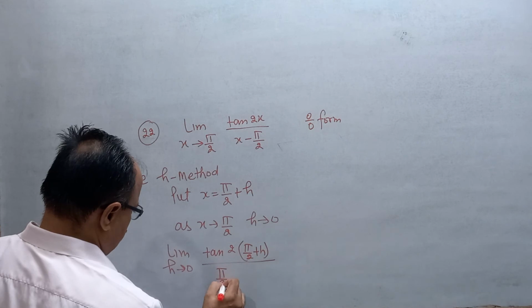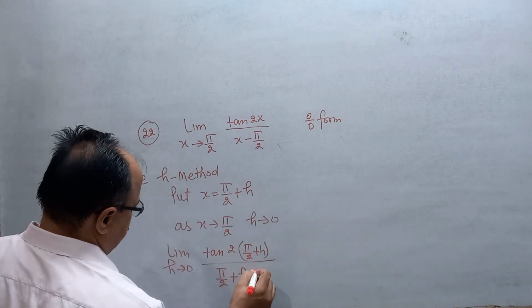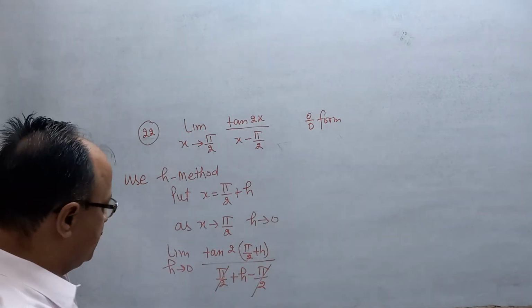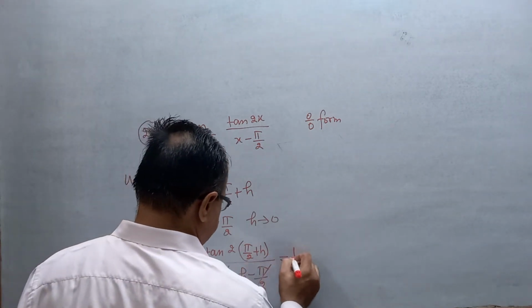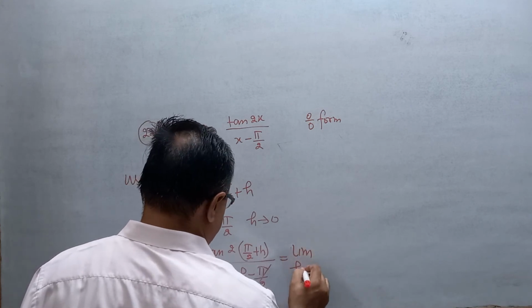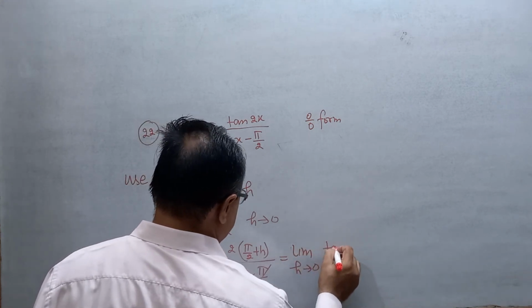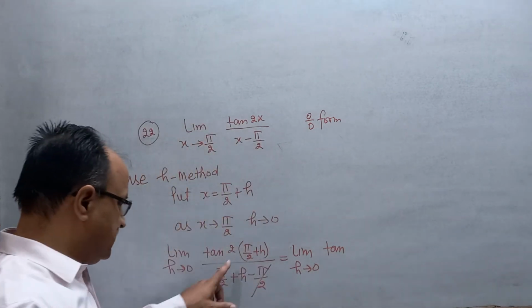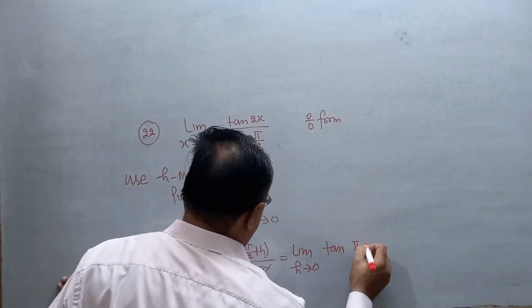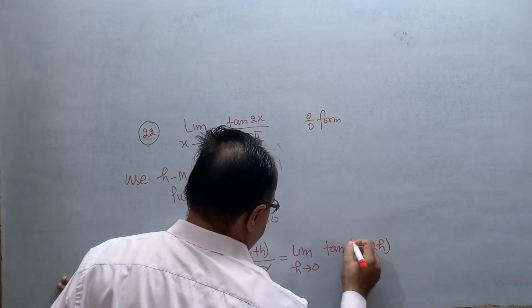Here pi by 2 plus h minus pi by 2, pi by 2 cancels. Now further simplifying, limit h approaches 0, multiplying by 2, that is tan (pi plus 2h) upon h.